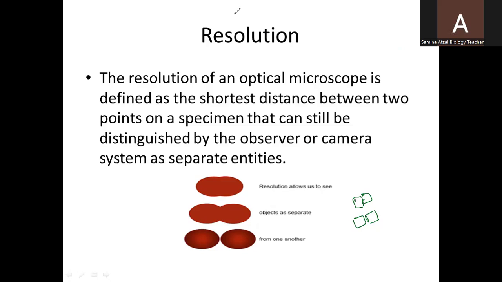So resolution is what allows us to see objects as separate from one another, even if they are closely placed together. It helps us to observe any specimen very clearly.